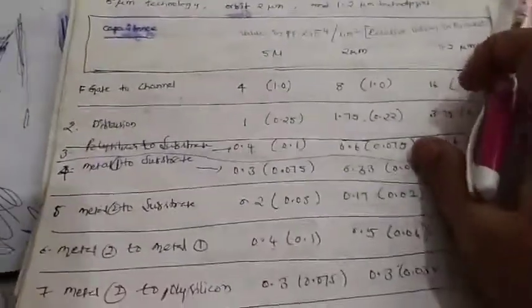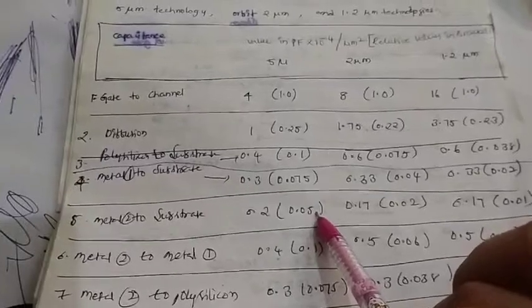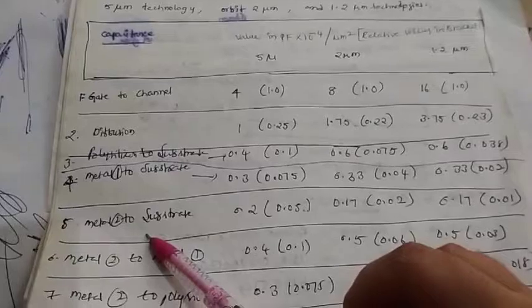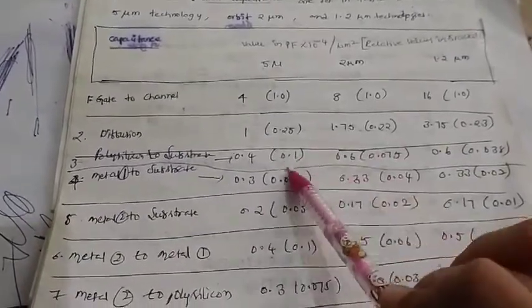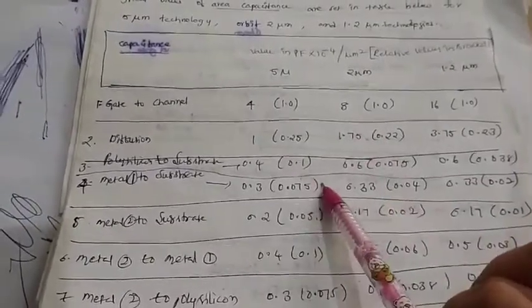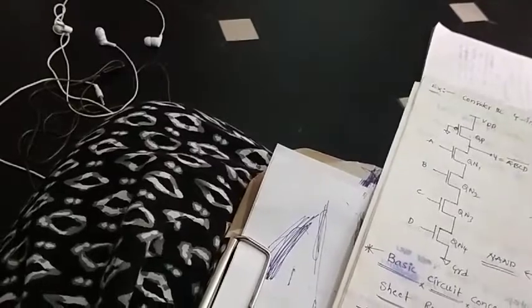Here for the different types of materials and metals, we have calculated the capacitance area in this table. You can see this. So these are all about sheet resistance and area capacitance units and calculations.